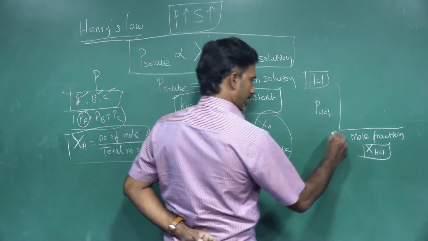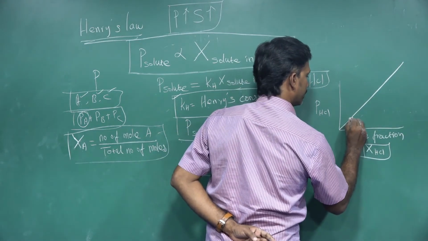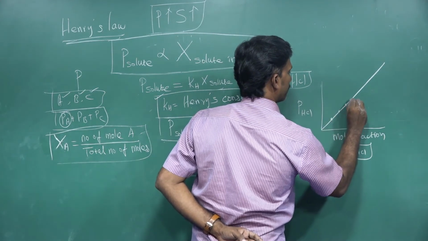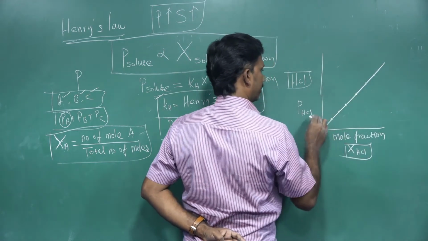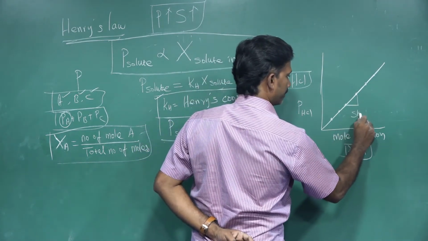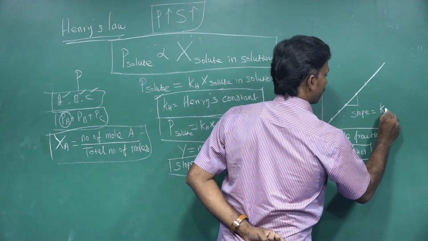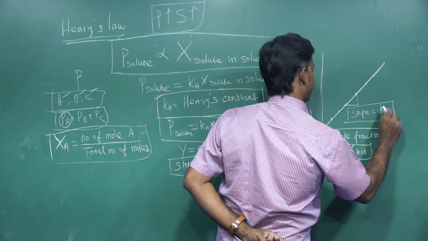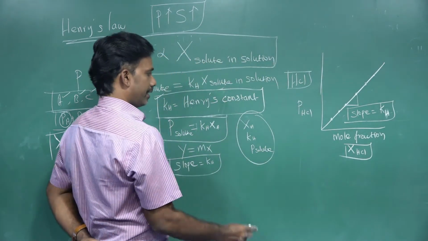It will give a straight line originating from the origin. The slope value will give you KH, the proportionality constant or Henry's constant.